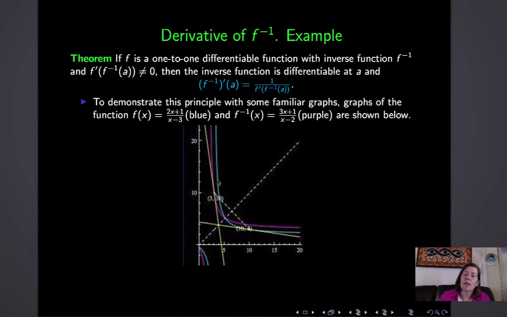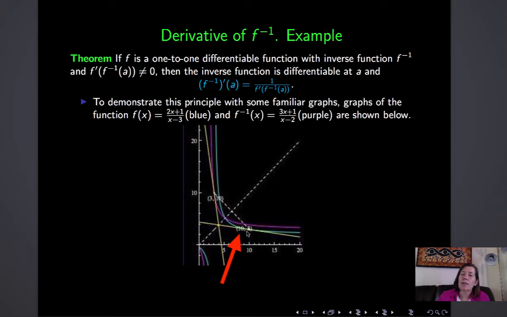And what we're saying is that the slope of that tangent is 1 over the slope of its mirror image in the line y equals x, which is the tangent to the graph y equals f of x at the point which is the mirror image of (3, 10), at the point (10, 3).